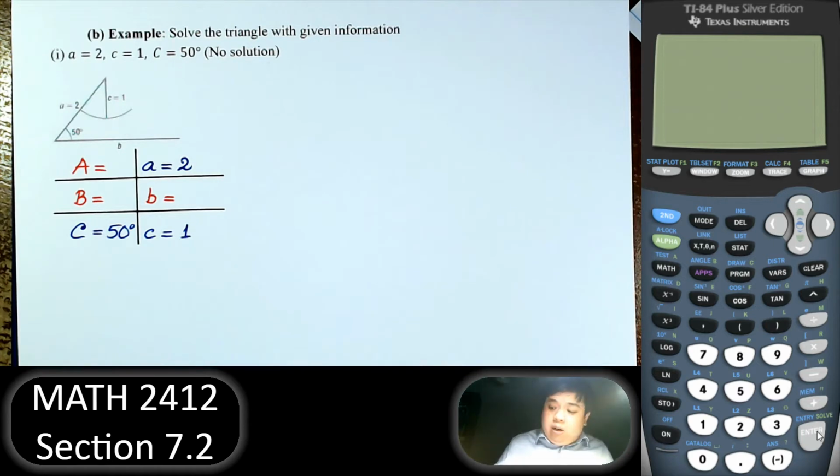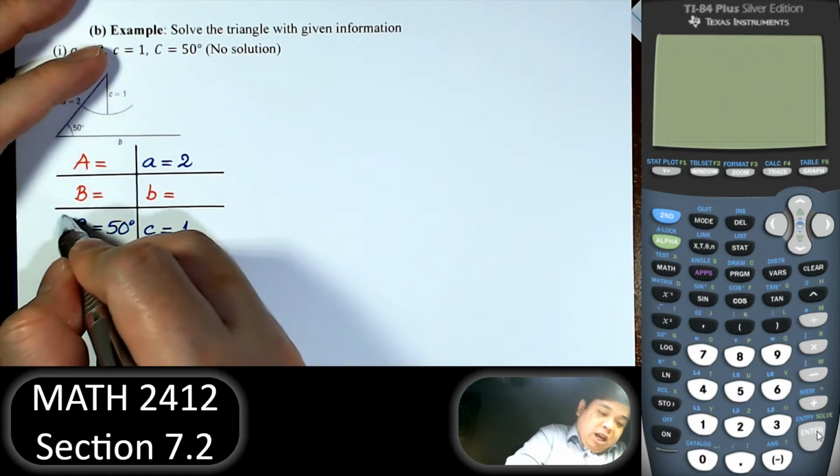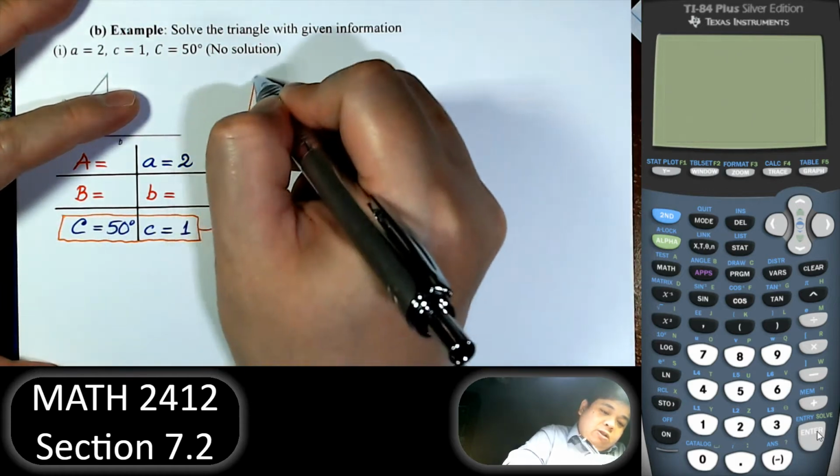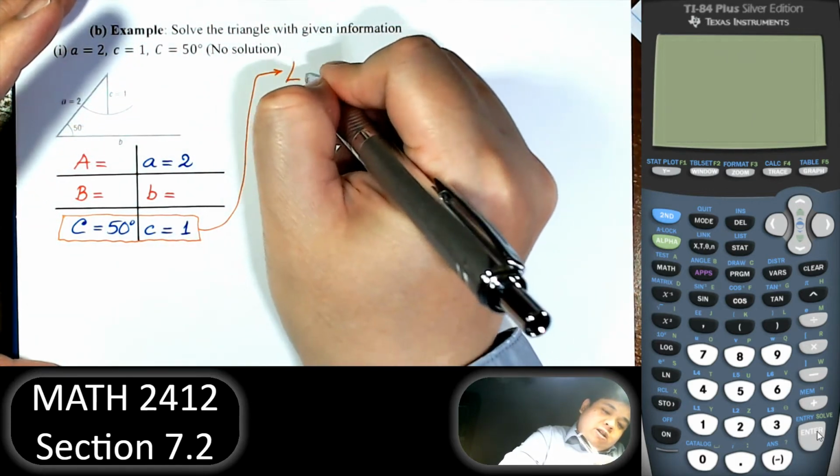And of course, regardless, remember the previous scenario where we have a pair of opposite side and angle. That is the law of sines.